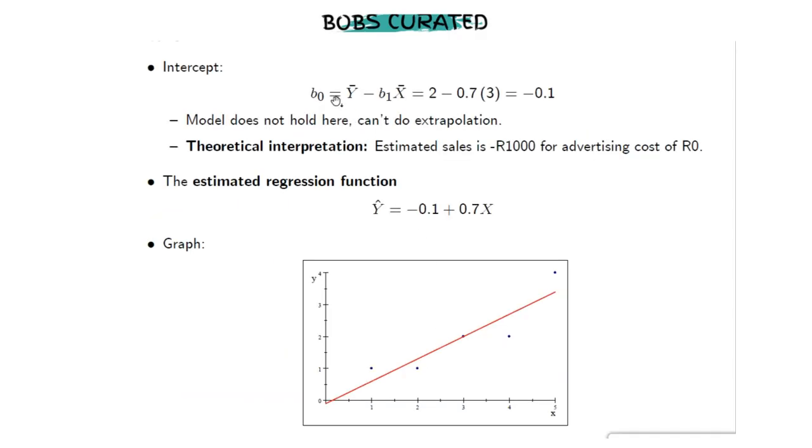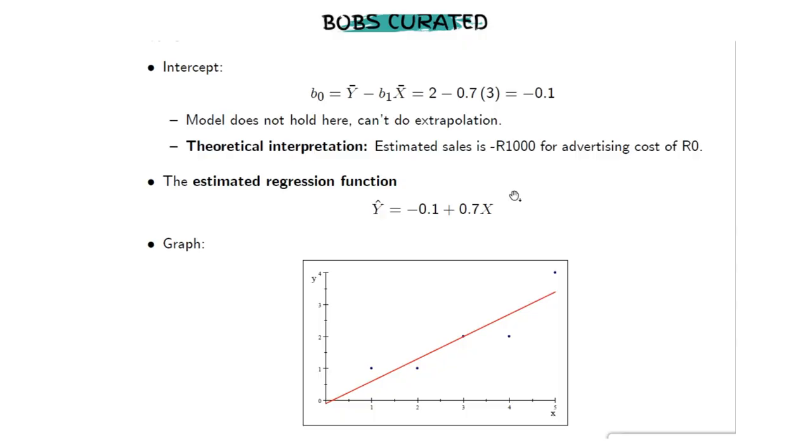Right, so there we've got the intercept. The intercept in this case is equal to minus 0.1, and this is actually also a predicted value. It's the predicted value if X is equal to 0. In this case, you will see that it doesn't really make sense, because if we do not advertise, it means that the estimated sales is going to be a negative value, minus 1,000 Rand.